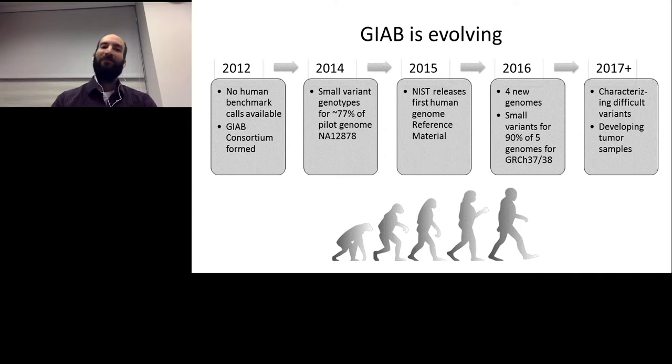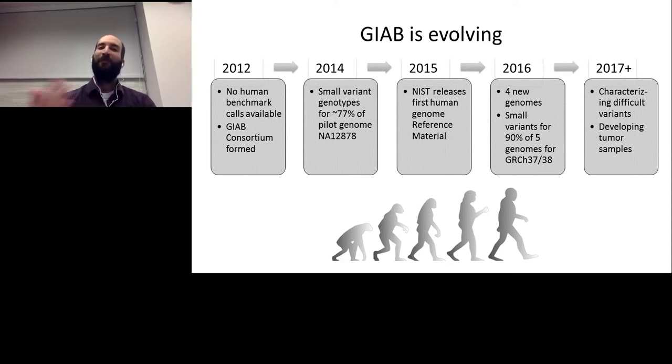In 2016, we characterized 4 more genomes from the Personal Genome Project, and we released new small variant calls that covered now about 90% of these 5 genomes. And we made calls for both GRCh37 and GRCh38, so you could benchmark on either of these references.